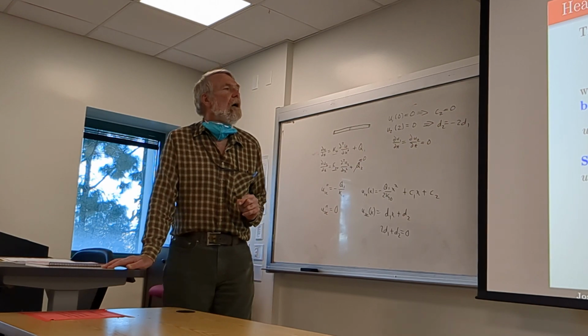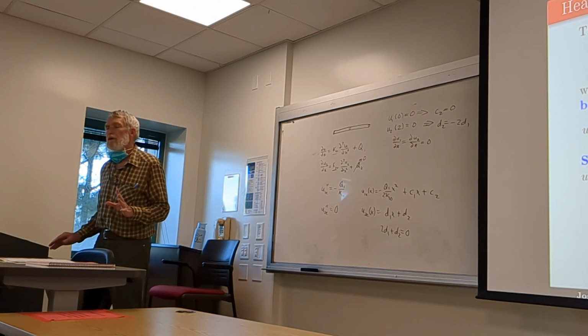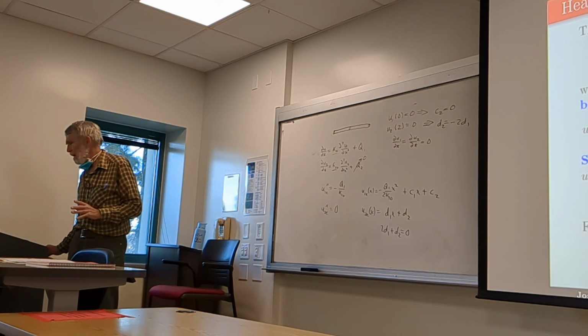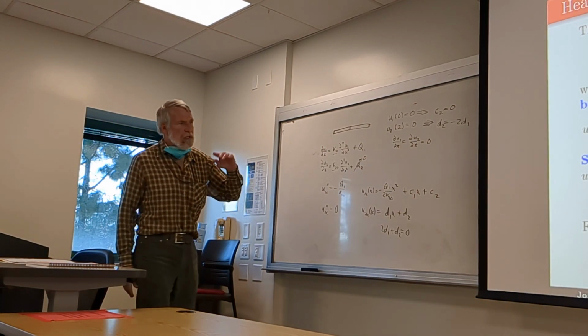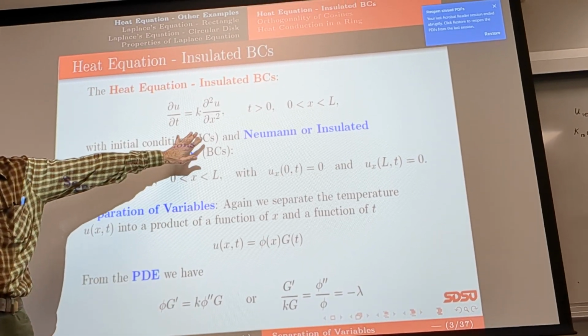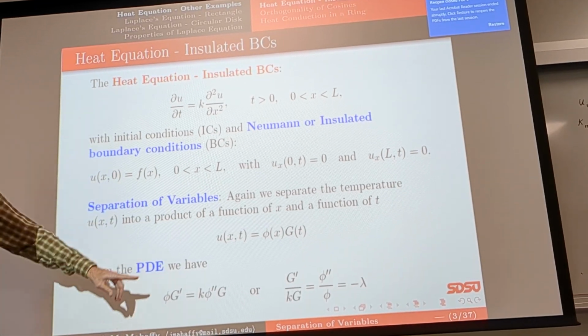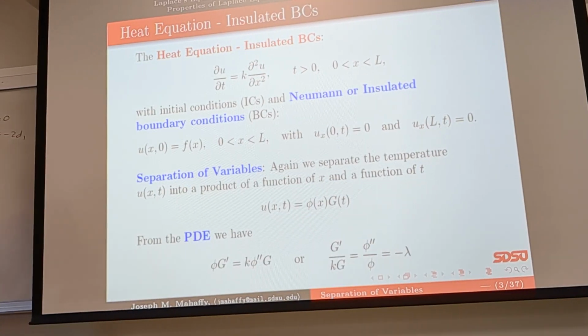All right. Okay. Any questions on this one? So here's what we're doing. We're doing this Neumann problem. And last time we did the separation of variables. It's the same PDE, so it's the same separation of variables. We get the same separation constant there, the minus lambda.